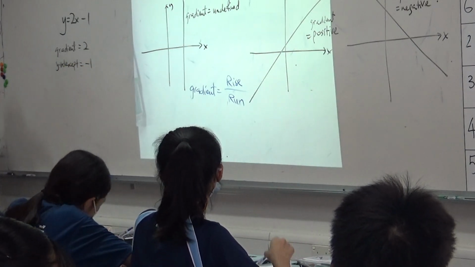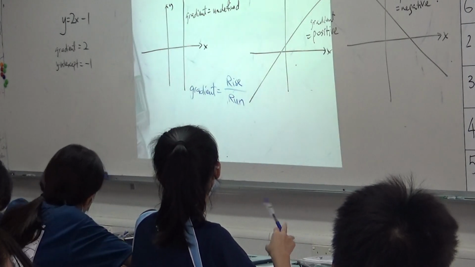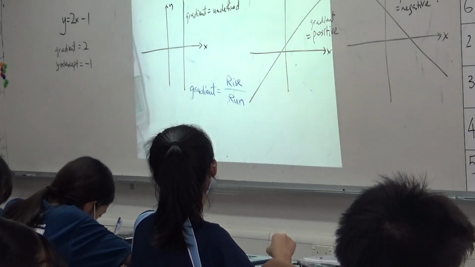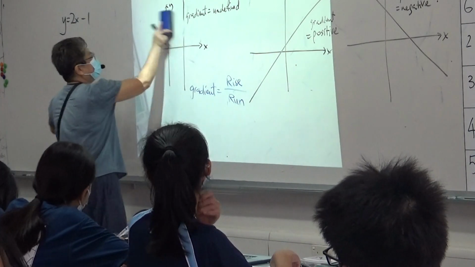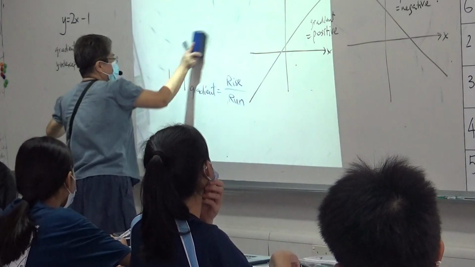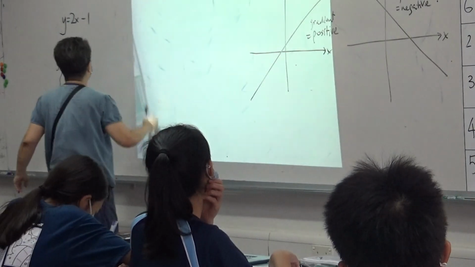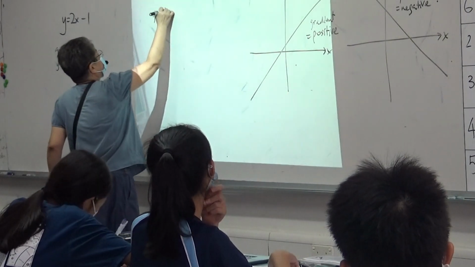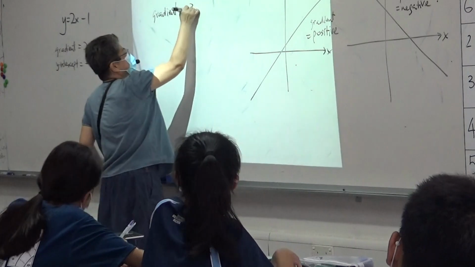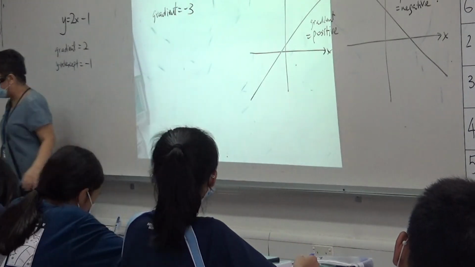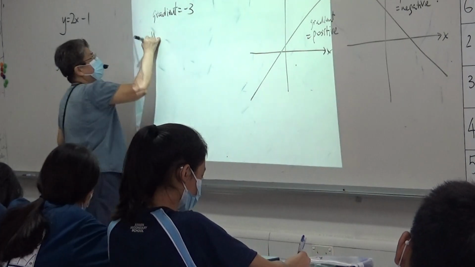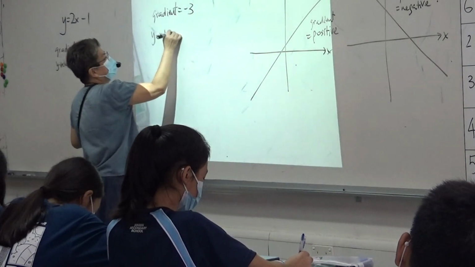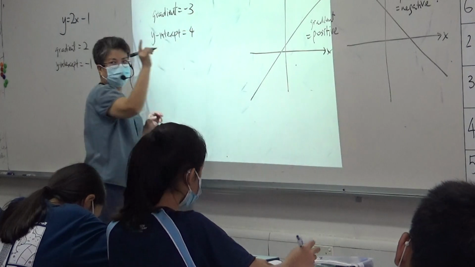Now, next one. Can we look at part B? Now it's different. A line has a gradient negative 3. That means now the gradient is negative 3. And the y-intercept is what? 4, right?